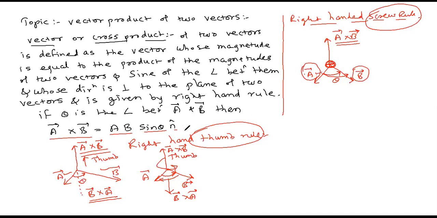I hope you have understood the cross product of two vectors. Now the geometrical interpretation. Let me draw a figure here and explain. Suppose OP is vector A and here another vector B, you can say OQ.